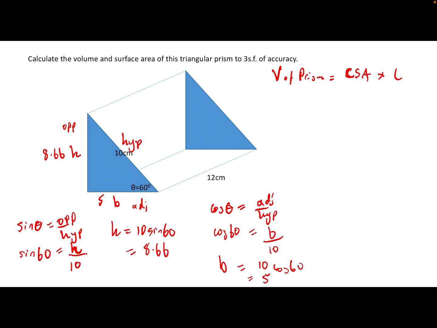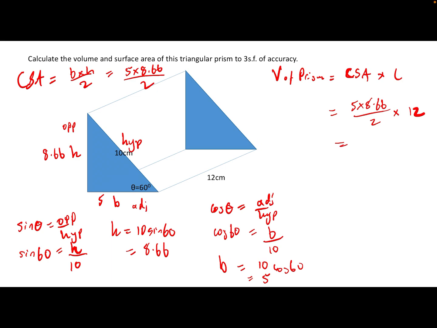So that means the cross-sectional area is equal to, well, it's a triangle, so it's base times height divided by 2, which is 5 times 8.66 divided by 2. So the cross-sectional area is 5 times 8.66 divided by 2 times the length, which is 12, is going to give me the volume of the prism.